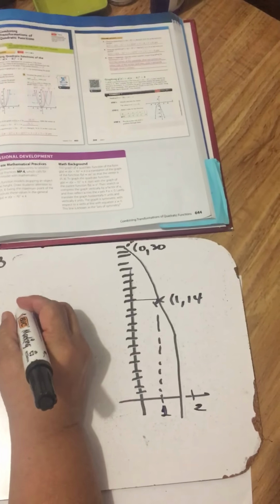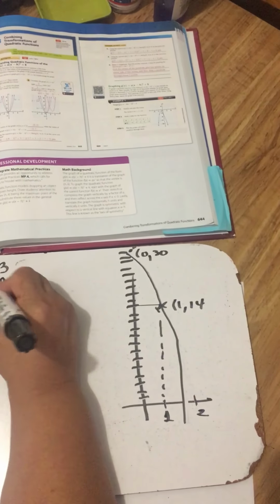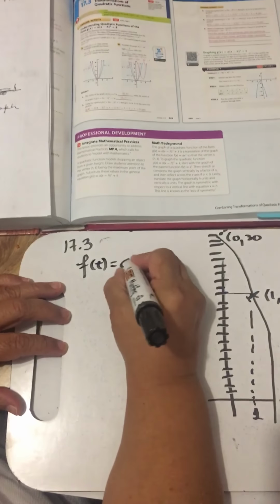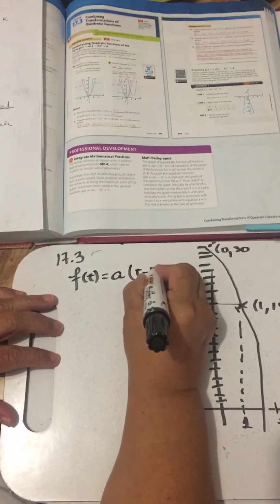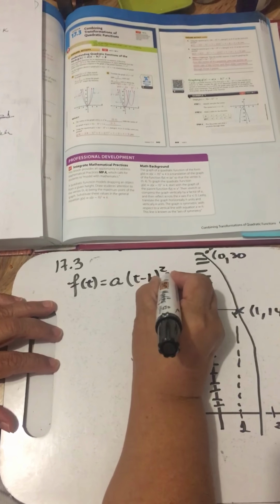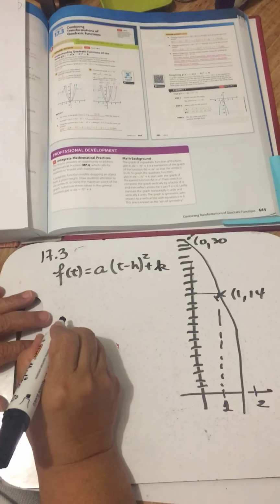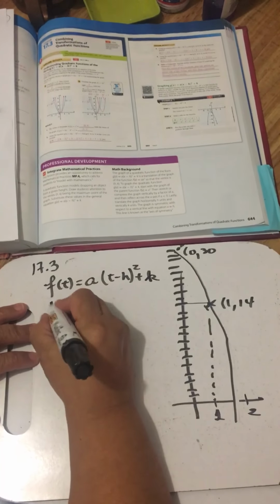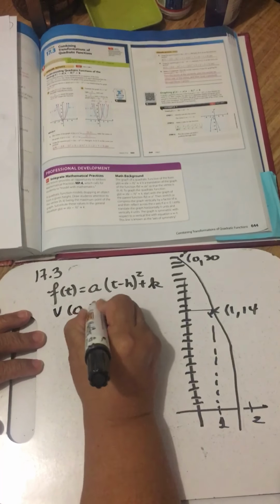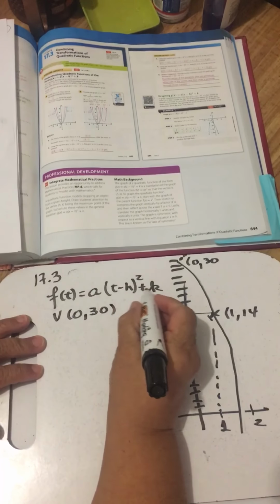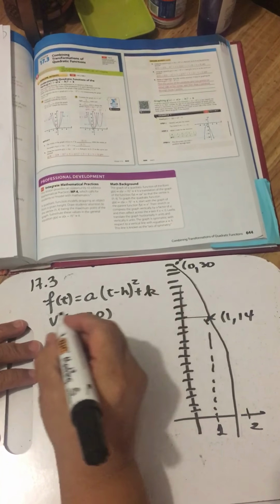Okay, now we have the formula, or the function is going to be a (t minus h) squared plus k. We know the vertex. The vertex of the graph is going to be 0, 30. Then we substitute those values for h and k.